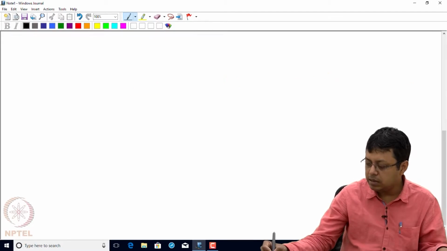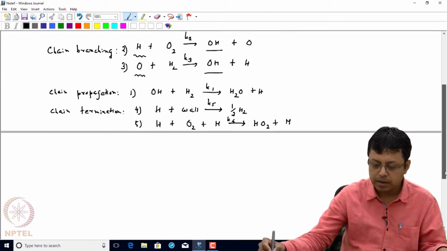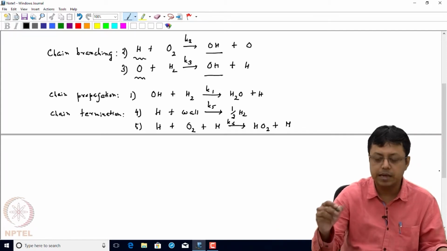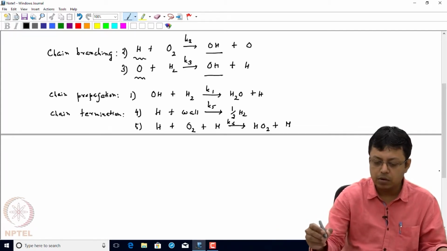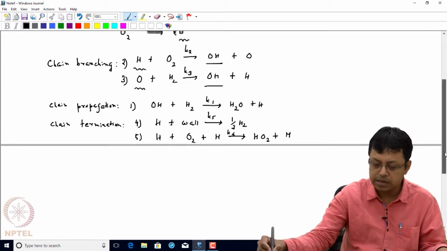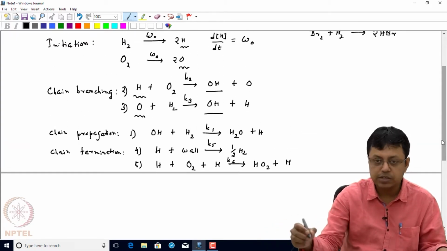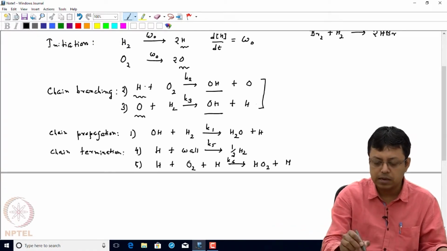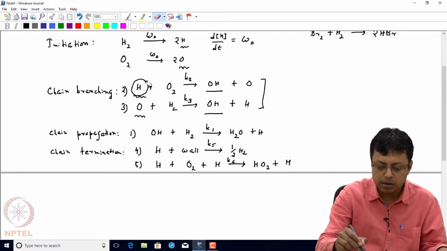Now the interesting thing you notice here is that we have written the 5 steps. If you look carefully at these steps, there are initiation steps and then the branching steps. Why do we call it branching? You see that we started with 1 radical here. Let me use some other color.